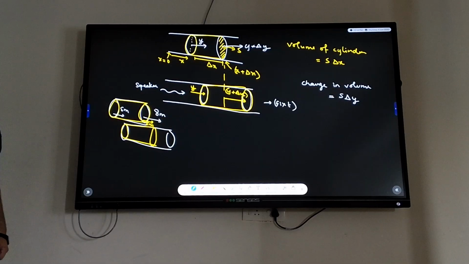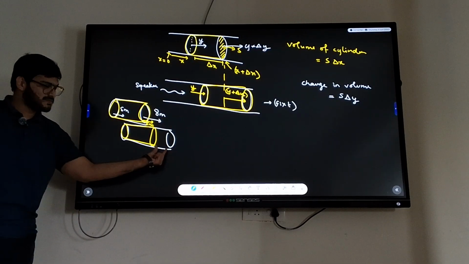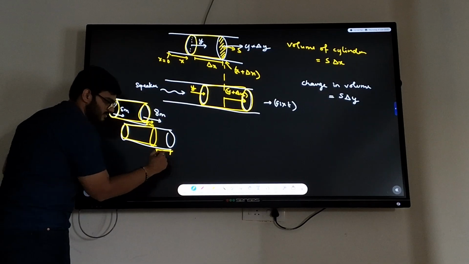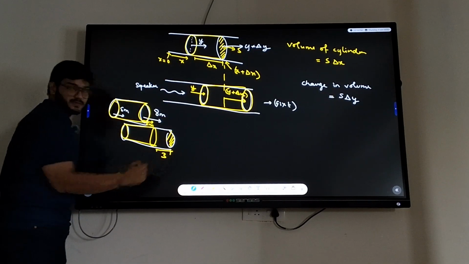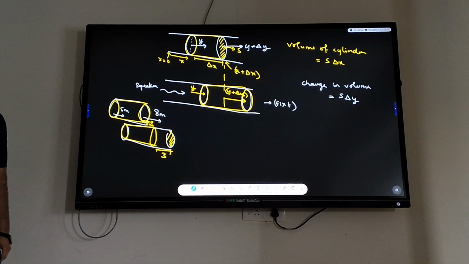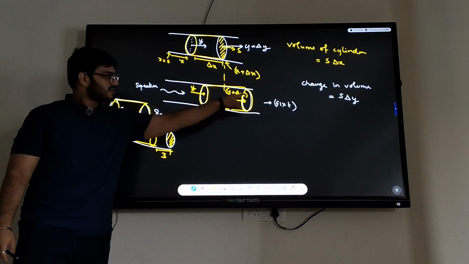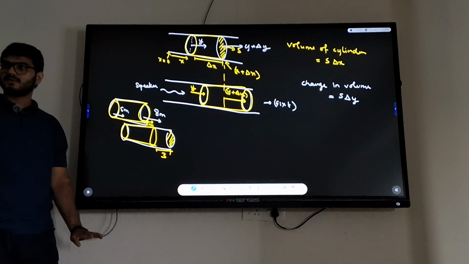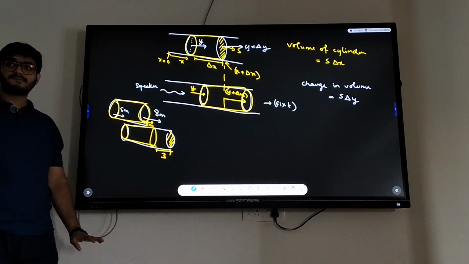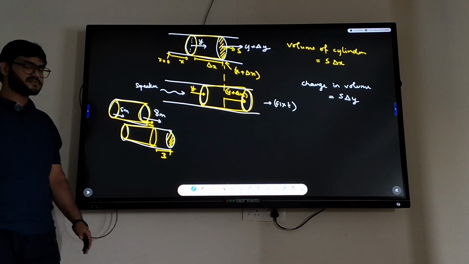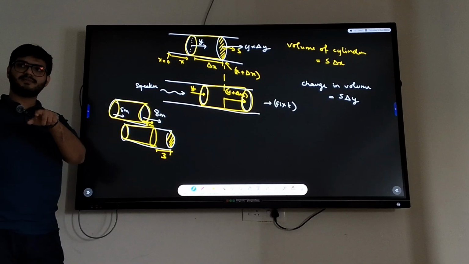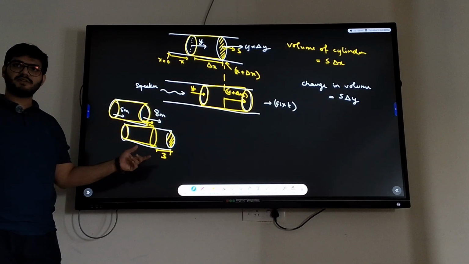Then what is the amount of increase in volume? It is 3 into S, that is, delta y into S. Does it make sense? Because we are talking about volume, and volume is area into length. Is it okay with everyone?